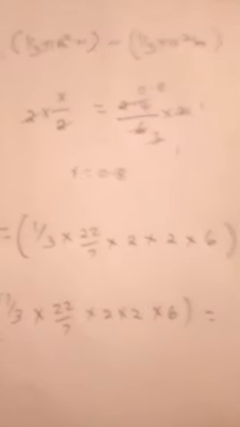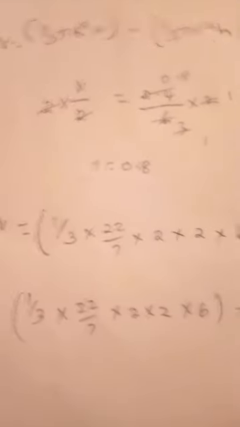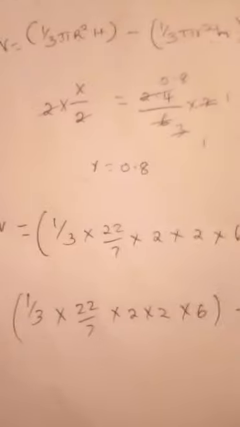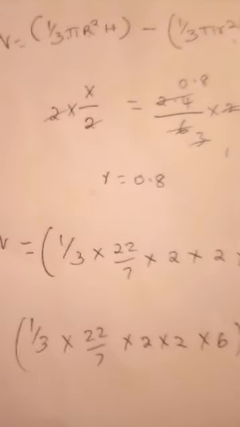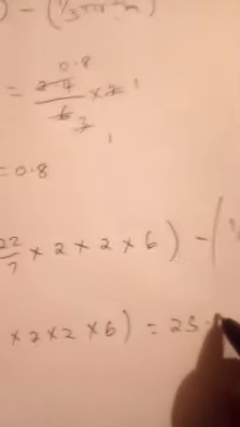So we should know that a third times 22/7 times 2 times 2 times 6, according to my calculator, we just get 25.14.